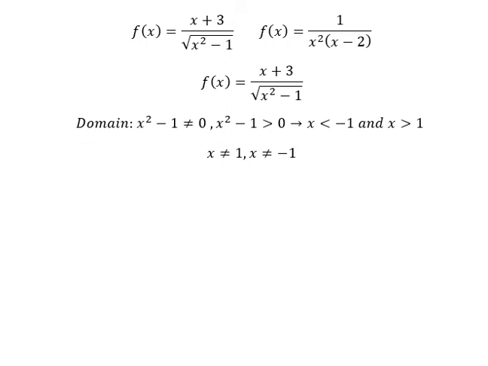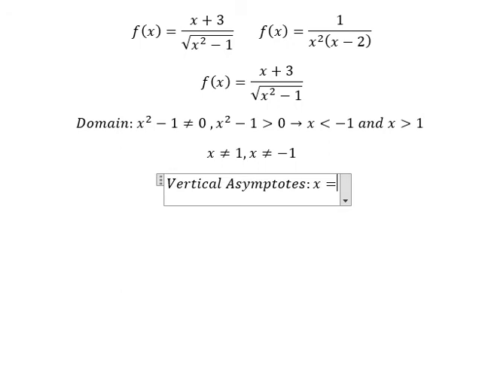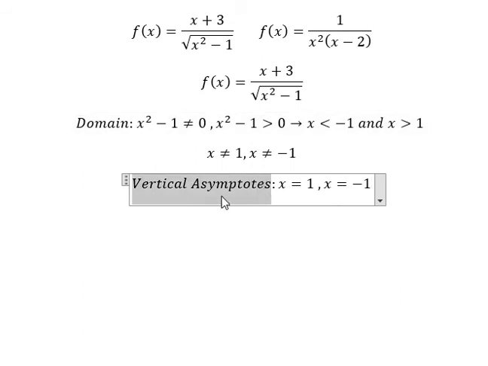So we can find the vertical asymptotes. They should be x equal to 1 and x equal to negative 1, because these are the values we cannot accept here, and that is the first step to find vertical asymptotes.